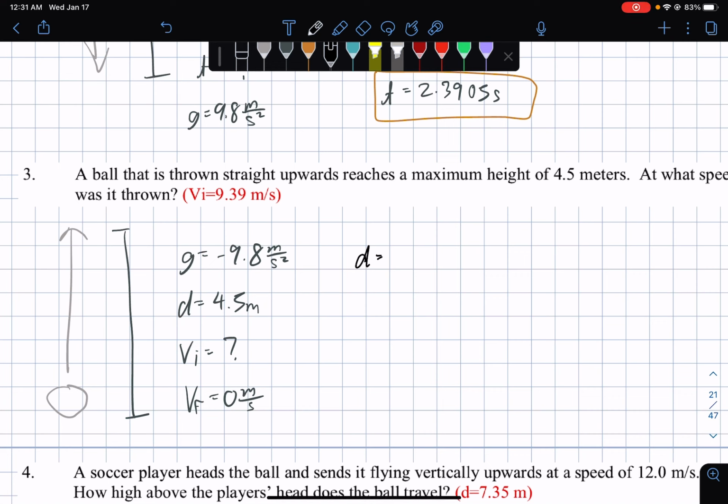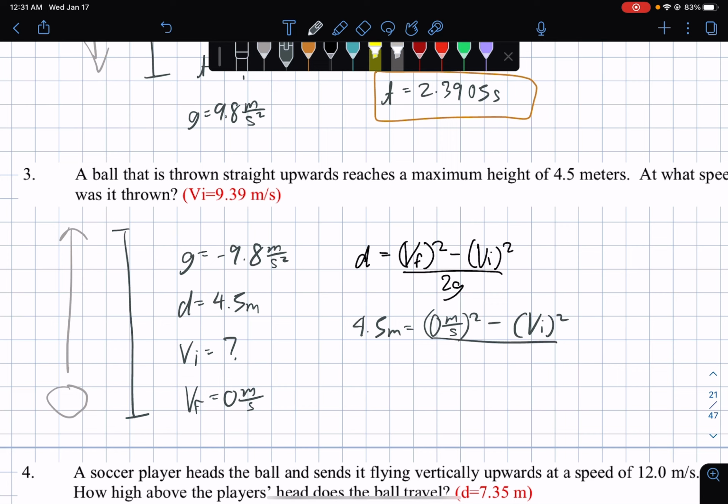We do have the distance. Distance is 4.5 meters. Vf is 0. Vi is missing. 2, and then we have g as negative 9.8 meters per second squared.